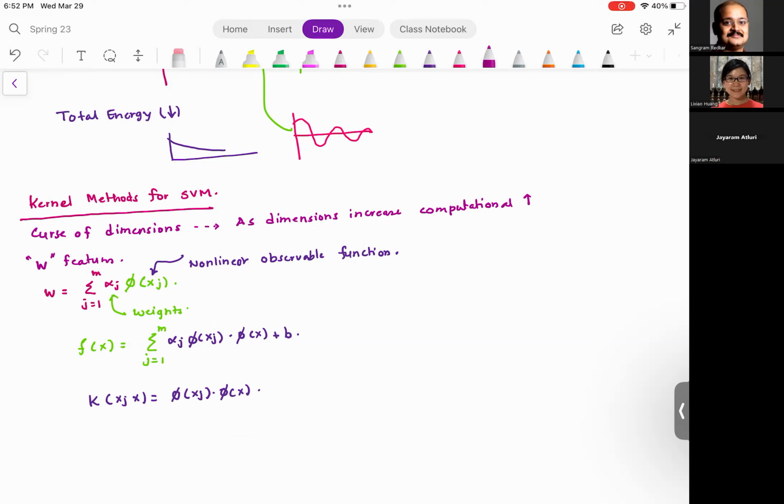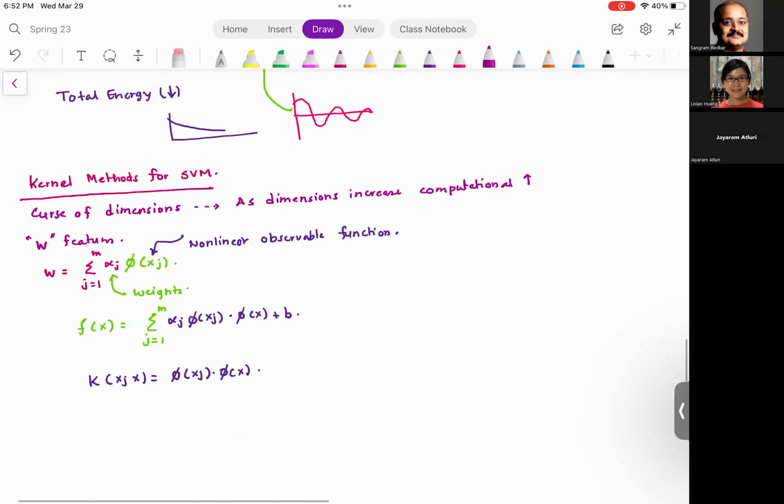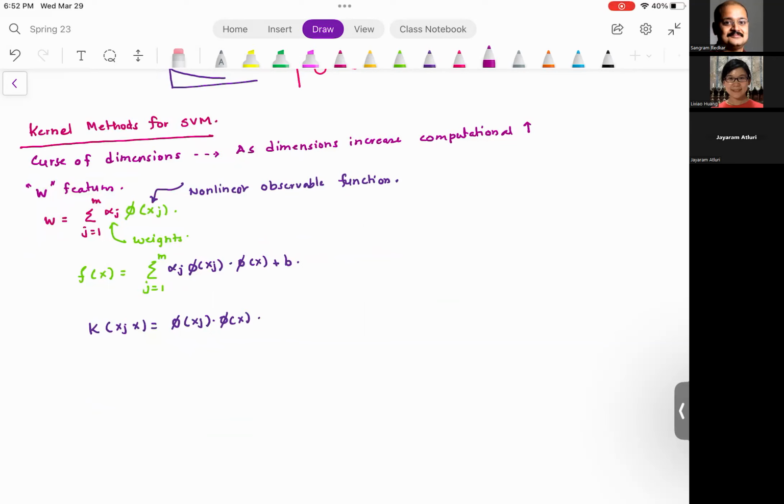Again, these equations may not sound very exciting, but the idea is that with this kernel, the optimization problem becomes quite easy to solve.